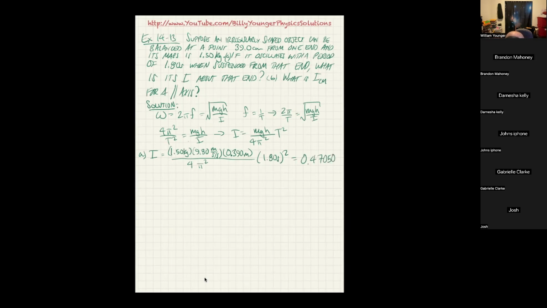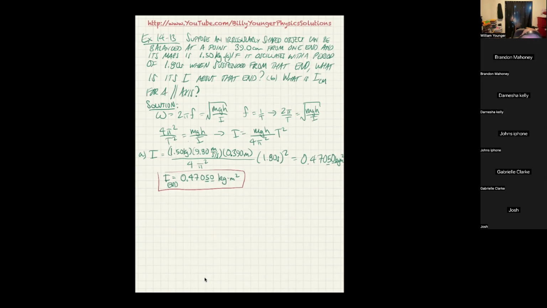And because it's a 5, I need to put the next digit. The units are kilograms meters squared. So I about the end is equal to 0.47050 kilograms meters squared for that.